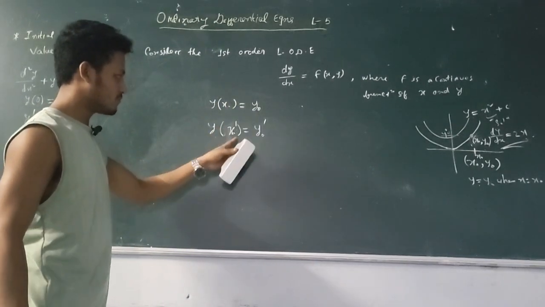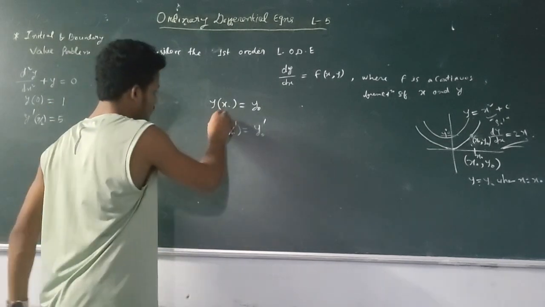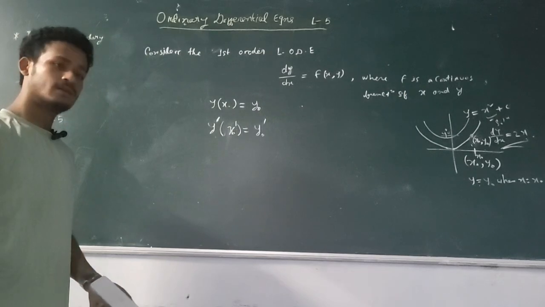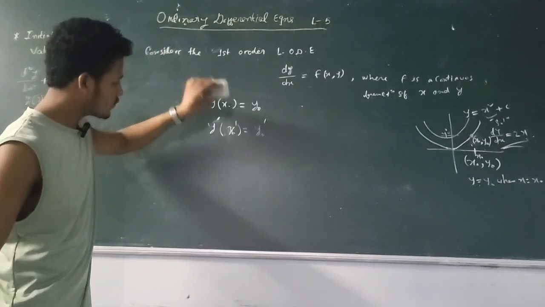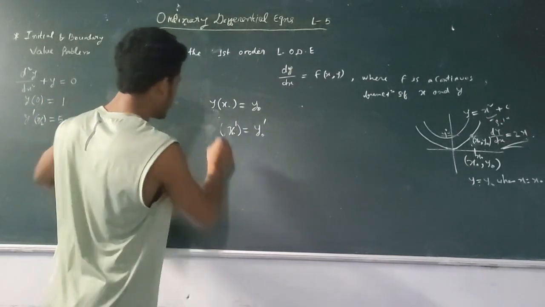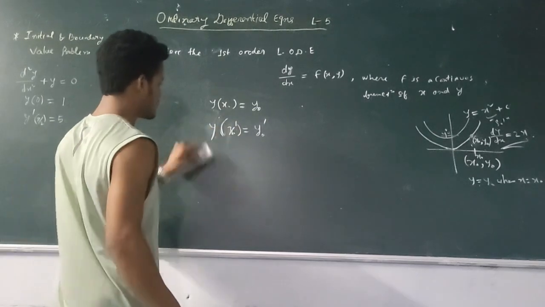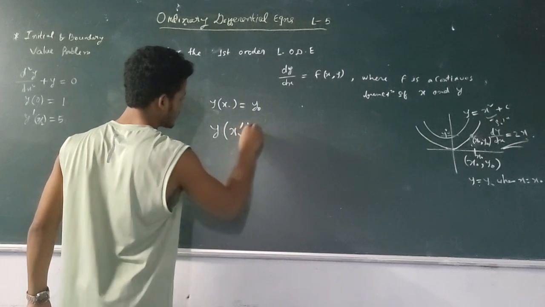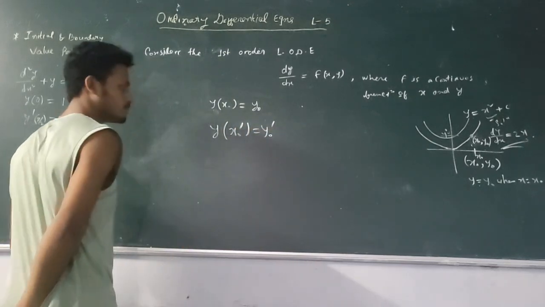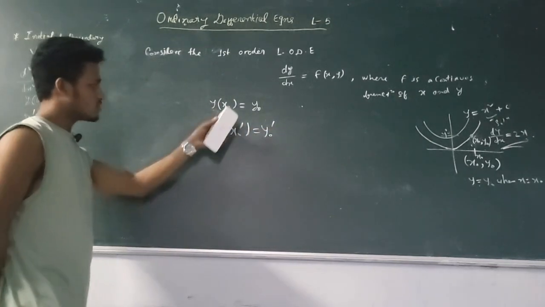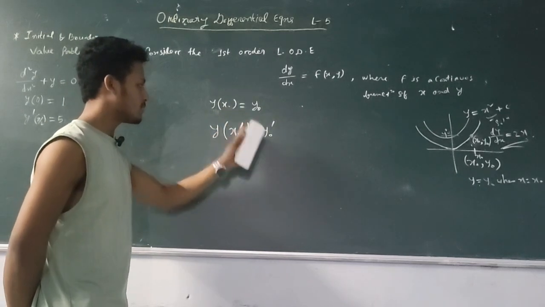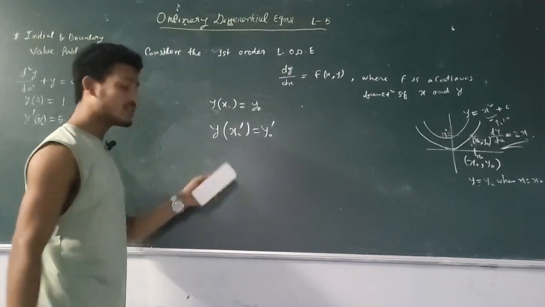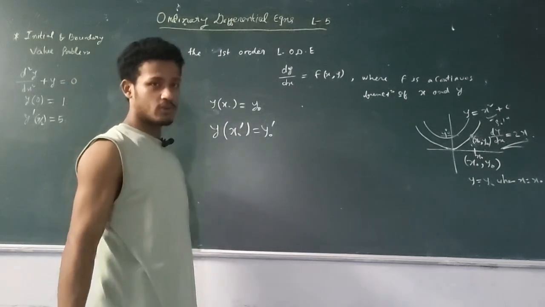So this is two point. Suppose another is this, x naught dash is equal to 1. So in two point you are given conditions using two points, x naught and x naught dash. This will be a boundary value problem.